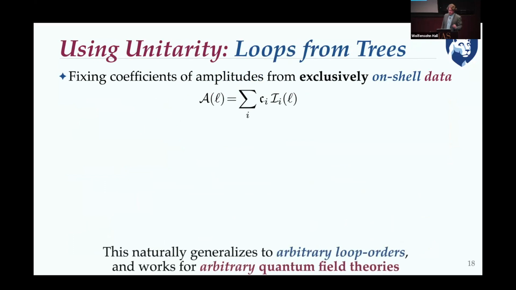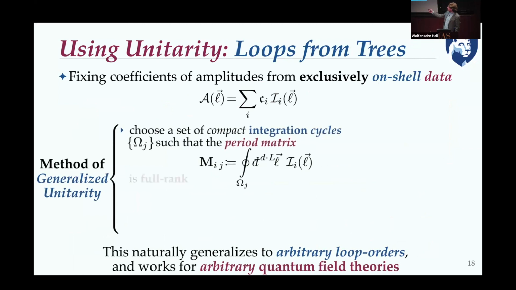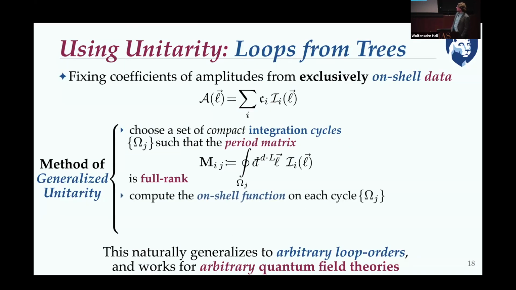So what I mean by that is that if you have a basis for cohomology, unitarity tells you that you can fix these coefficients in a gauge invariant on-shell way in terms of on-shell functions by first finding a spanning set of elements of homology, cycles on which this period matrix is full rank.